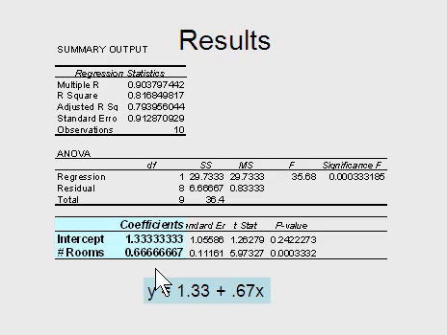In this case, 0.67. So the equation for my line is y is equal to 1.33 plus 0.67x. This means this line crosses the y-axis at 1.33. And as x increases by 1, y goes up by 0.67.